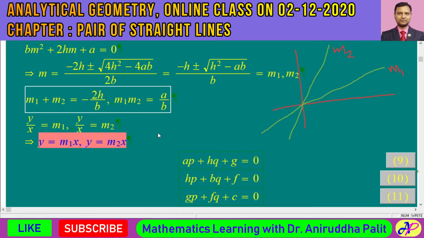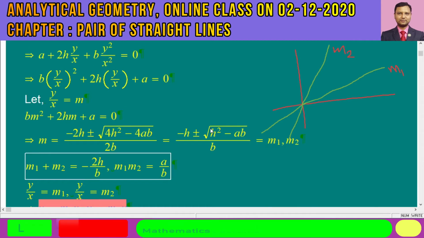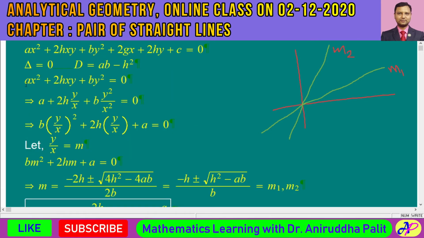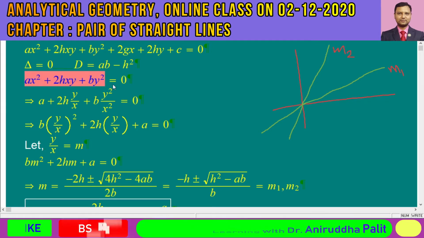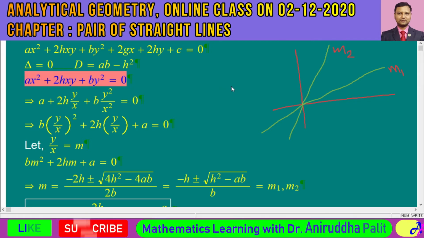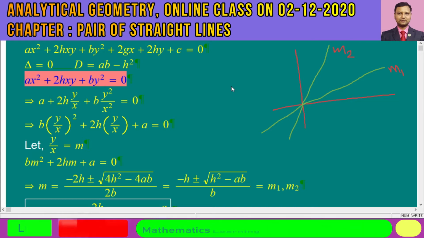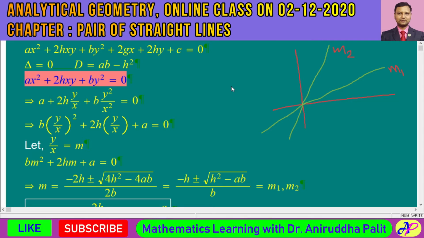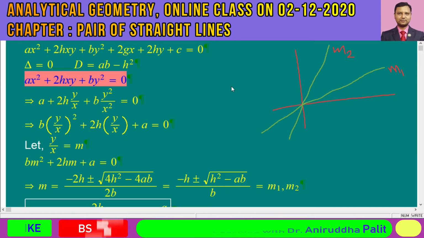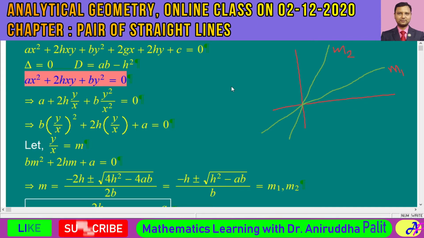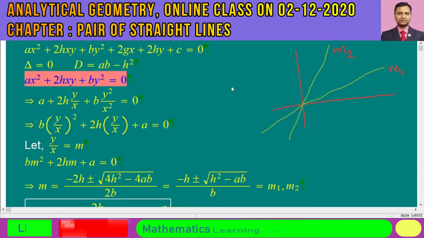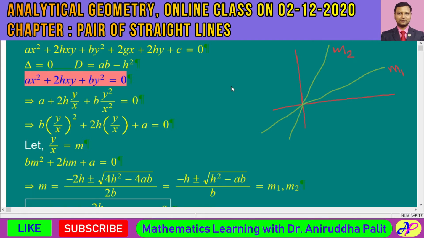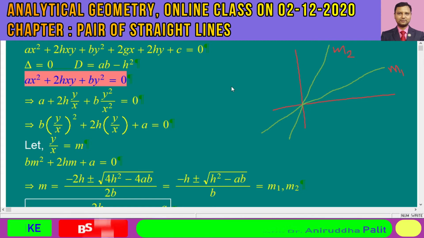That's why, if we summarize the total discussion, we can now say that this kind of equation always represents a pair of straight lines passing through the origin, and these straight lines may be real and distinct, or real and coincident, or imaginary lines.